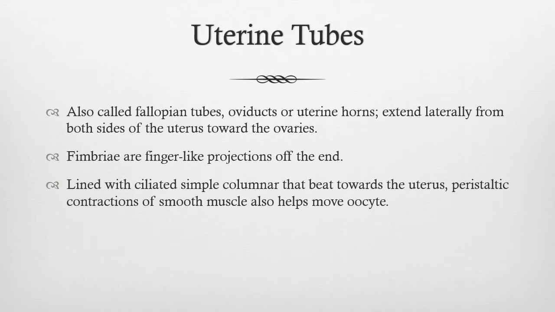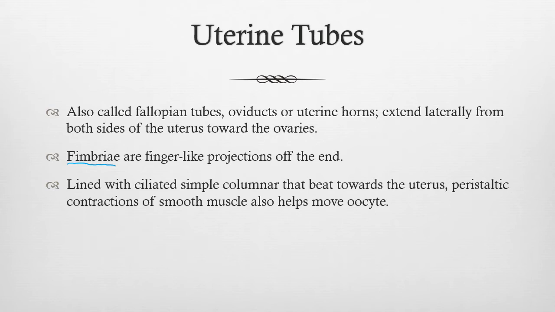So after ovulation, the oocyte is going to be caught up into the fallopian tubes. And so the fallopian tubes or the uterine tubes are going to make their way down towards the uterus. The first portion are the fimbria. And so these are like finger-like little projections, kind of almost think of like putting your fist inside your other hand.